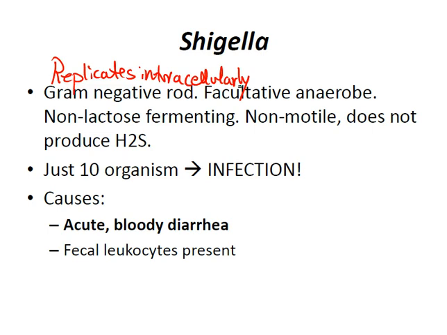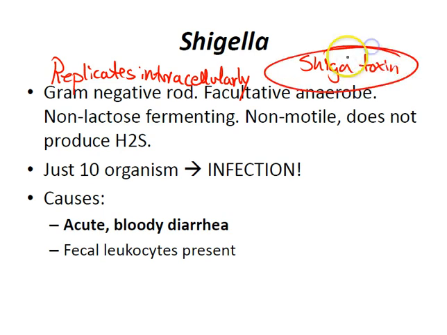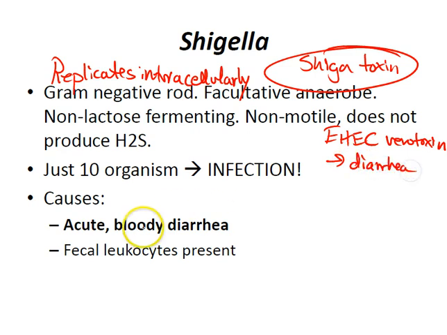It releases something called the Shiga toxin, molecularly similar to enterohemorrhagic E. coli verotoxin, which leads to, you got it, diarrhea. And specifically bloody diarrhea, so dysentery, and it's usually acute.